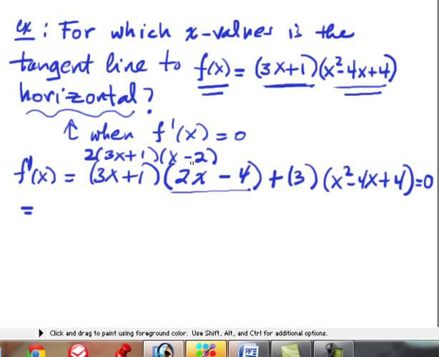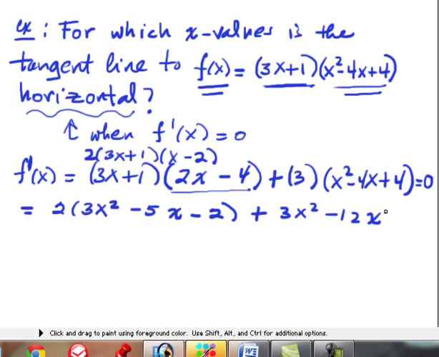So we'll multiply 3x plus 1 times x minus 2 with a 2 in front. So we have 2 times 3x squared minus 5x minus 2 plus, multiply this out, 3x squared minus 12x plus 12.